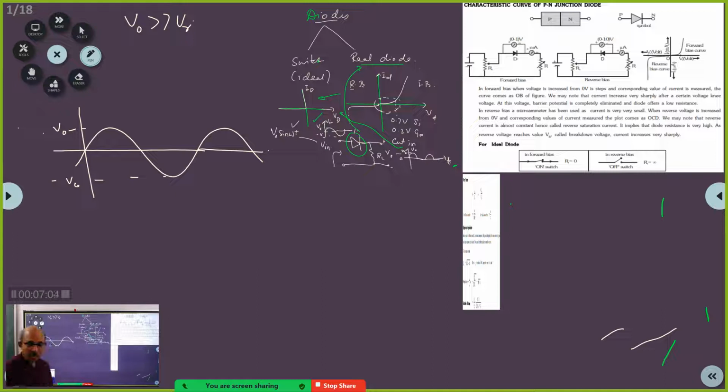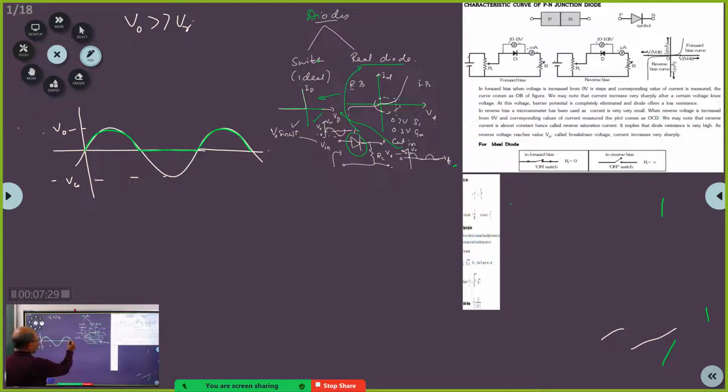Then, if you say 0.7 volts is insignificant, and for all practical purposes you take the diode as what? An ideal diode, then the output waveform for the same circuit would be like this. Agreed?